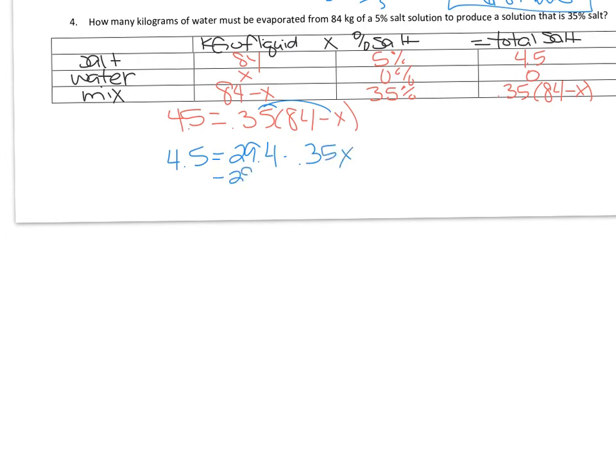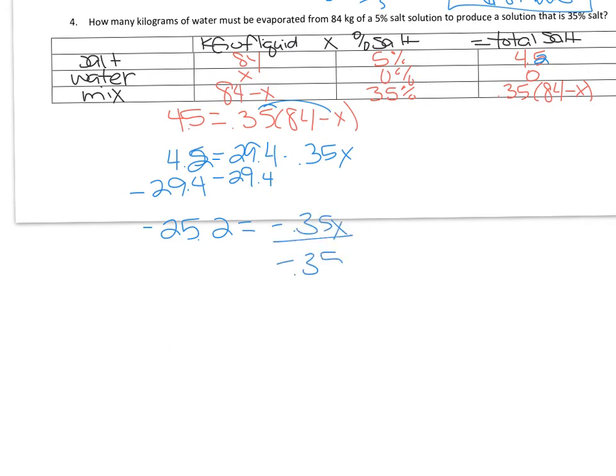Where did you get 4.5? 84 times 0.05. Isn't that 4.2, bro? Okay, it is 4.2. 4.2, there we go. Minus 29.4. I know you hate when you round. Okay, so 4.2 minus 29.4 is a negative 25.2 equals a negative 0.35x.